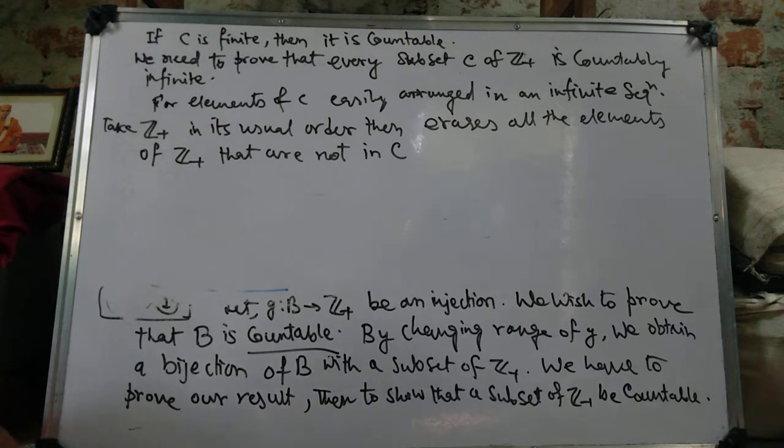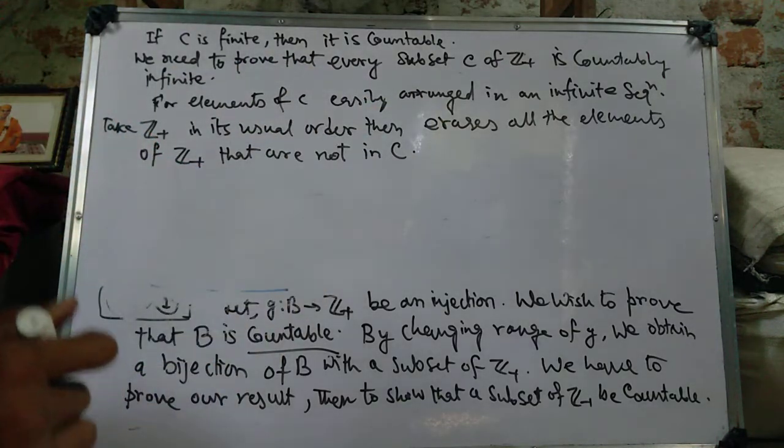Then we conclude that C, an infinite subset of Z⁺, is countably infinite, and we prove it.